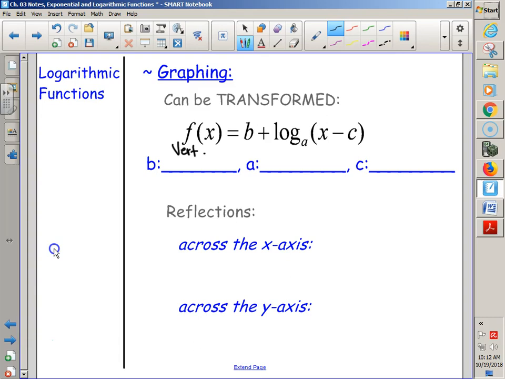That's just a name. So now that we have a parent function for a log, we can transform it, just like we did with exponentials, taking each of the individual parts. We have a 1, and our vertical asymptote at x equals 0.